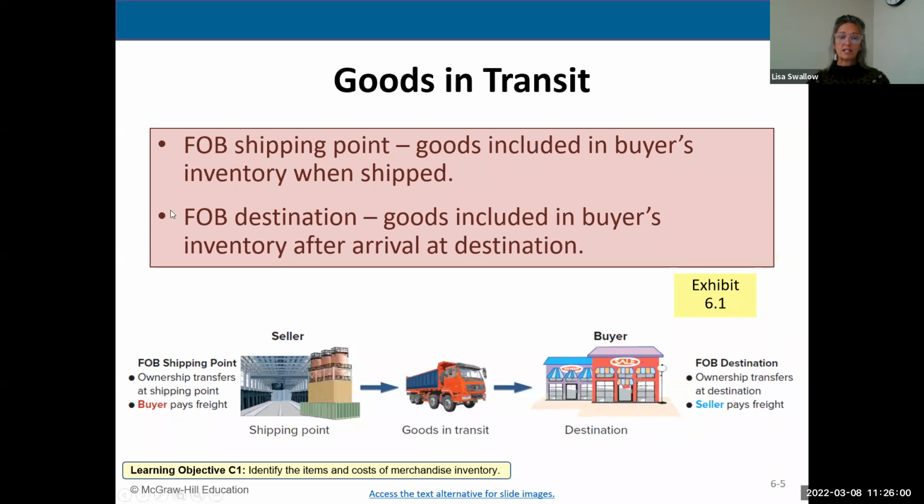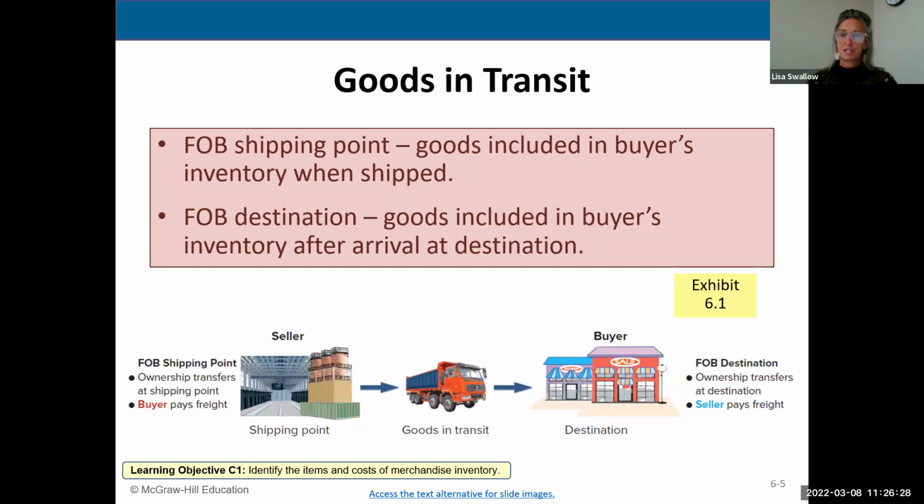There's two ways that inventory can be shipped. One is FOB, shipping point. That means free on board shipping point. This is when the vendor takes the product down to the loading dock and puts it on, it's free. In other words, the shipper is not paying for it. It's free to him or her.